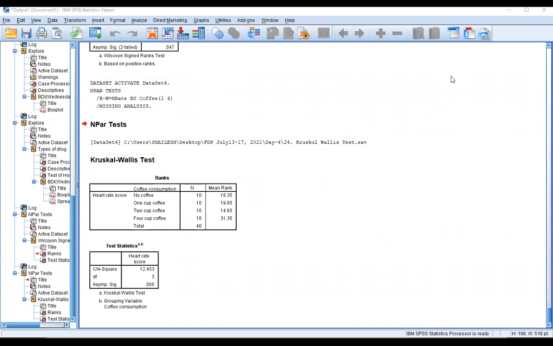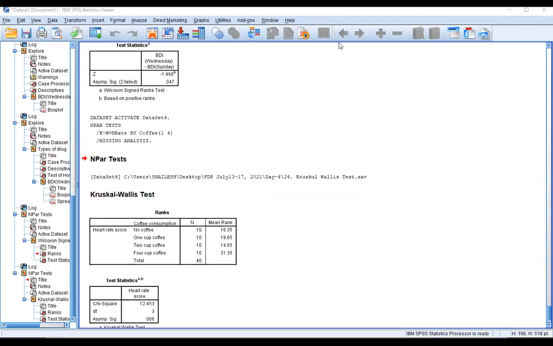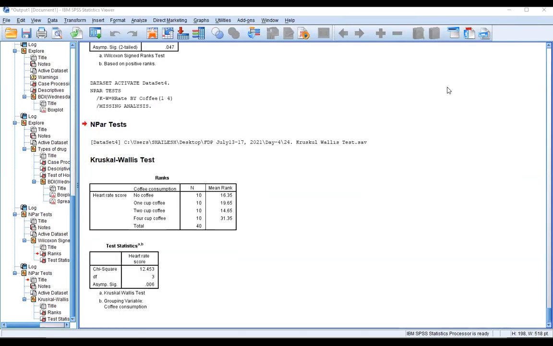Okay. So I am interpreting the output. The first is no cup coffee. What is the mean rank? Mean rank of no cup coffee is 16.35.